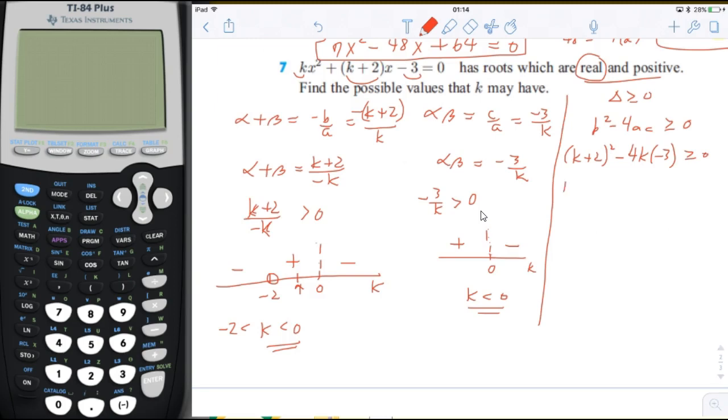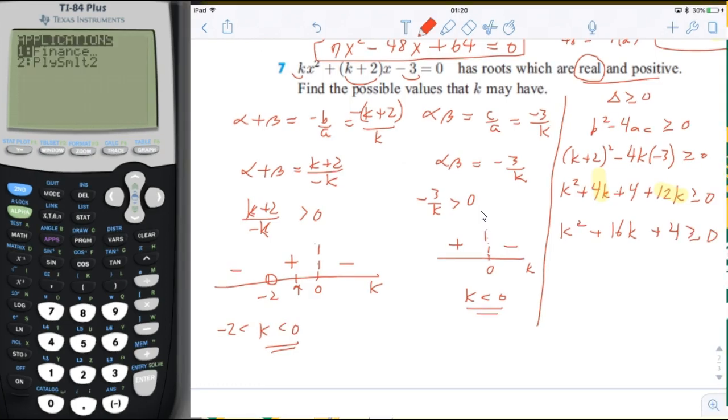So basically we have k squared plus 4k plus 4 plus 12k is greater than or equal to 0. And now we can put our b terms together because 4k and 12k can be added together. So we'll have k squared plus 16k plus 4 is greater than or equal to 0.